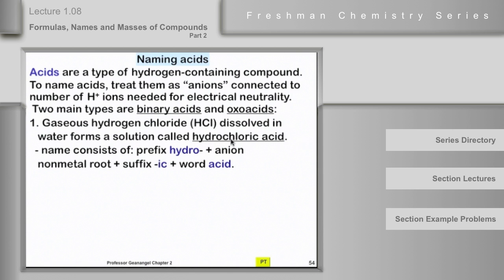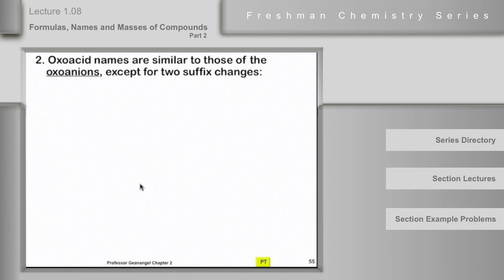So hydrochloric acid, you would read that to be a binary acid that has chloride ion coupled to 1 hydrogen. We know it's 1 because chloride forms a monoanion. So we'll name these things using this scheme: hydro plus the anion nonmetal root plus IC plus the word acid.